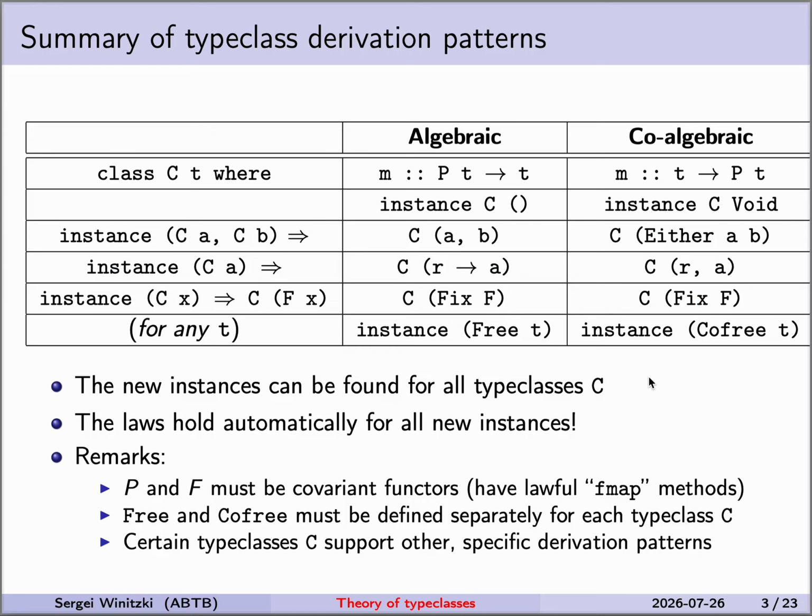So there can be many P functor algebras. Each one of them is a certain type T and a certain function of type P T to T. So you can have different types, or you can have even the same type with different functions, and those are different algebras, different P functor algebras.